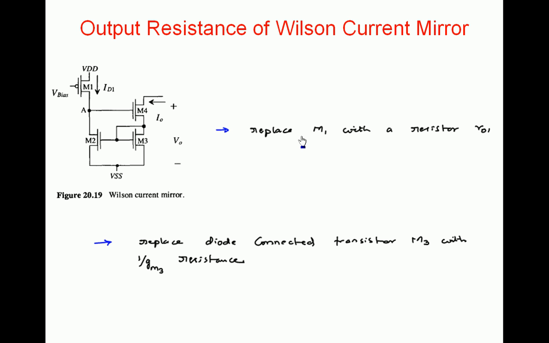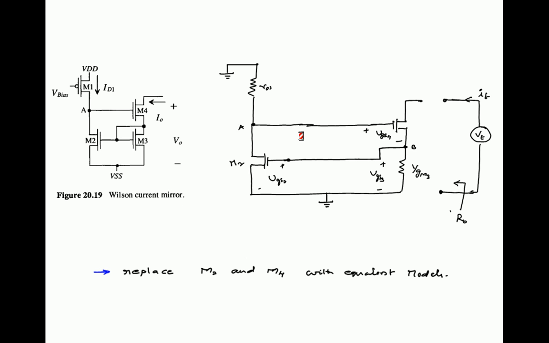That is, M1 can be replaced with a resistor R01. Next, the diode connected transistor M3 can be replaced with an equivalent resistance of 1 by gm3. So now replace M1 and M3. This is the equivalent circuit: M1 is replaced with R01, M3 is replaced with 1 by gm3, and VDD and VSS act as ground for AC analysis.